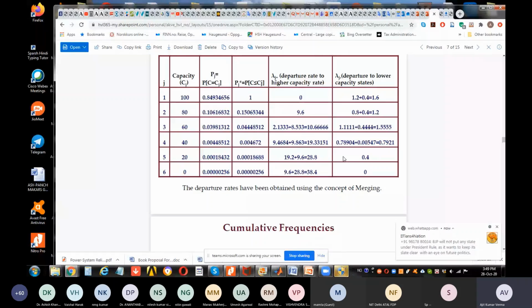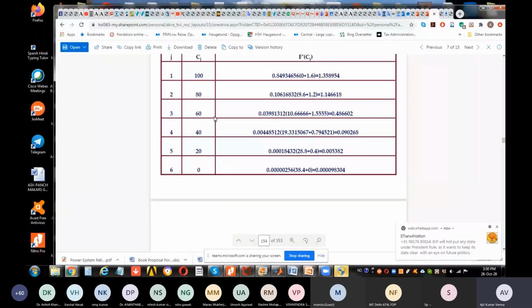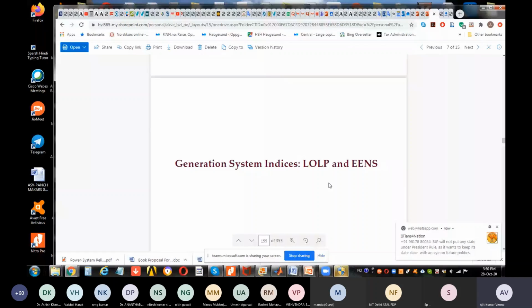That's the frequency. So you have the frequency of encountering and the state probabilities. That's the table for cumulative frequencies. Next we'll go over to LOLP and expected energy not served, some indices.